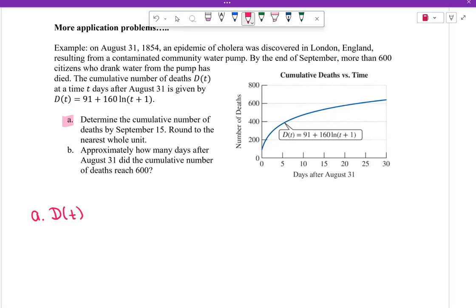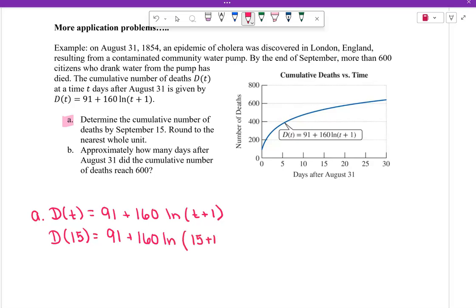Okay, I'm actually going to rewrite the formula real quick. Okay, so September 15th is 15 days after August 31st. So we're going to plug in 15 for t. So all you got to do is go type that into your calculator.